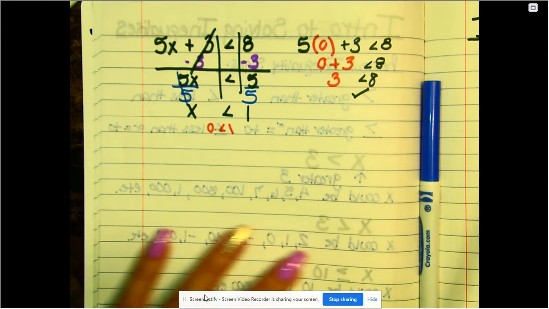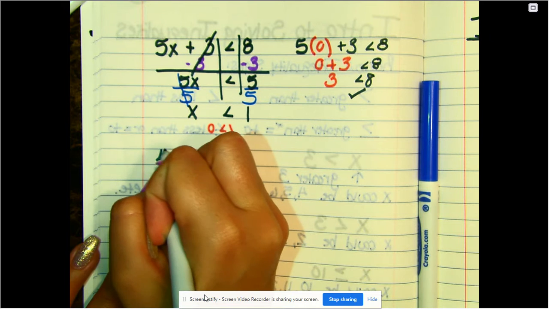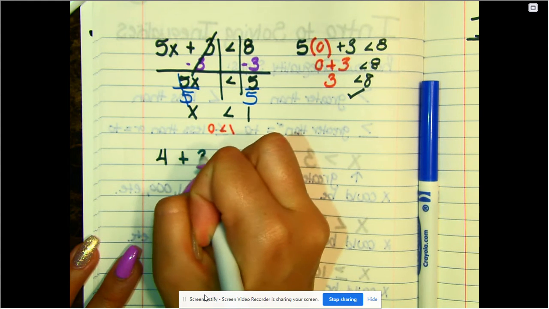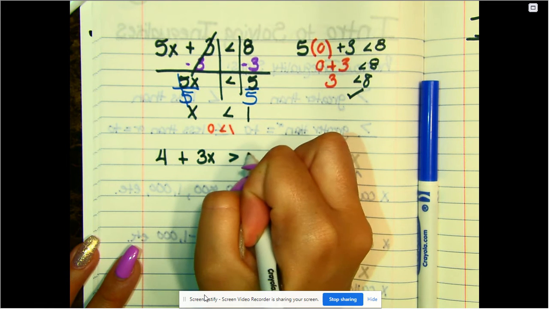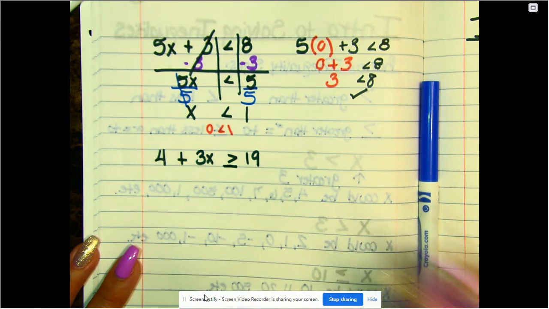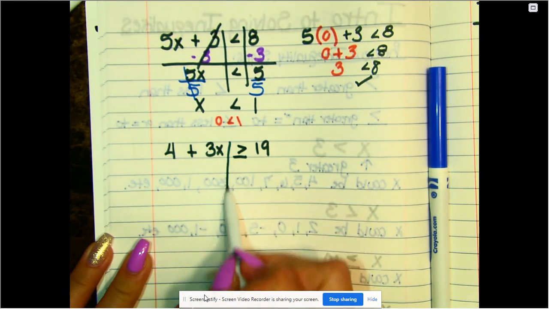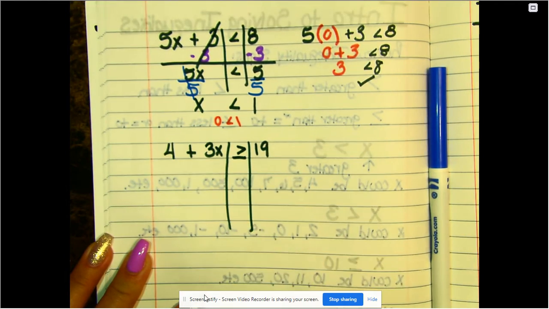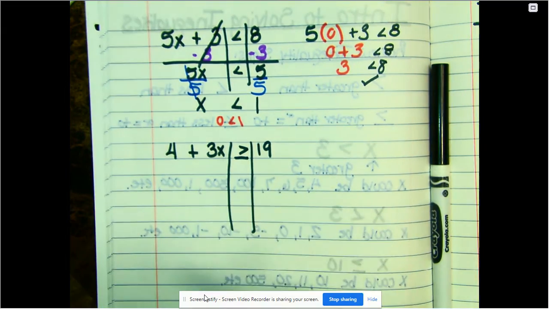Another one that we can do is 4 plus 3x is greater than or equal to 19. I'm going to draw the barrier around my inequality, and there's an equal sign this time. We're going to first undo addition or subtraction.